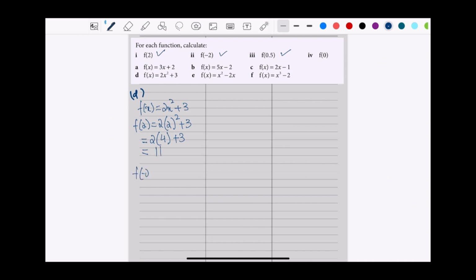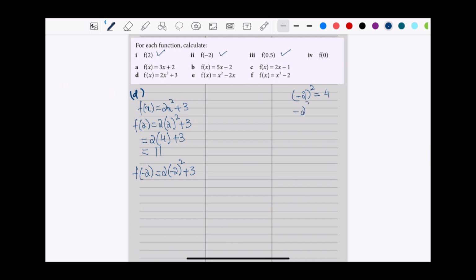If I say f of minus 2, this is going to be 2 times (-2) squared plus 3. Now note that here the square is being applied on -2, so there is a difference. Just a quick note: if you write (-2) squared with brackets, this will give you positive 4.